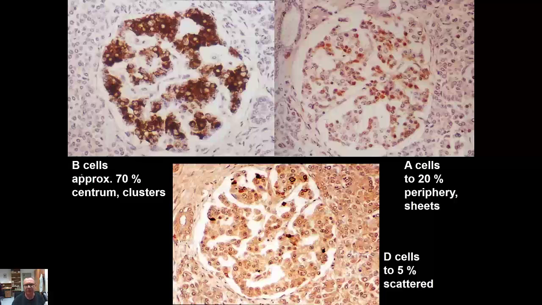They represent approximately 70% of cells in the islet parenchyma. They are situated mostly in the center of the islet and they are accumulating in clusters. We know that beta or B cells secrete the main hormone of the pancreatic islets, which is insulin.